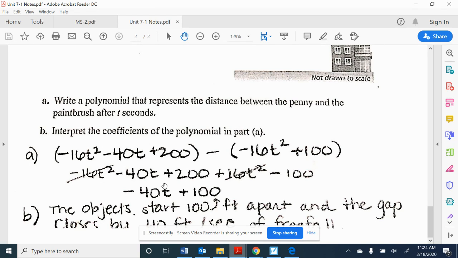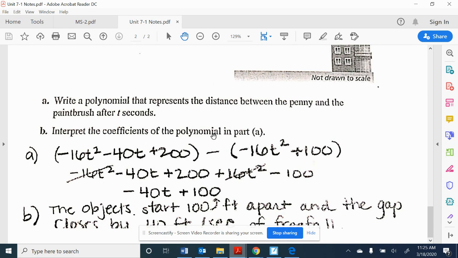Okay, I know they weren't asking this, but we would classify this, because it has two terms, as a binomial. We can also say this is a degree 1 binomial, because this is the only term that has a variable and the exponent is 1. So this is a degree 1 binomial.